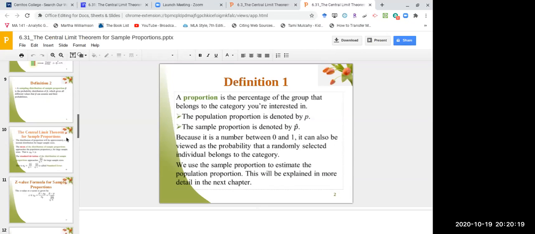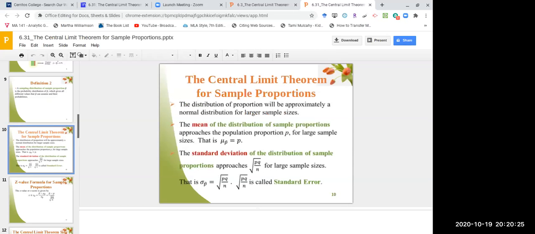The central limit theorem for sample proportions, the actual theorem itself rather, shows up on slide 10. The mean, as you can see, is p, and the standard deviation is the square root of p times q over n.